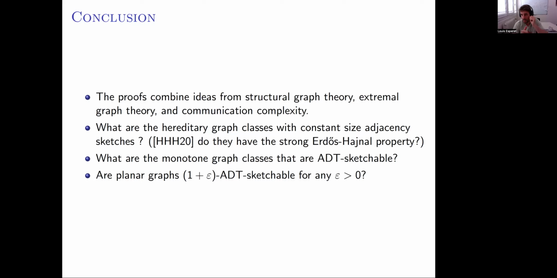This would mean that for any epsilon, you can make the distinction between 2 vertices at distance at most r and 2 vertices at distance more than 1 plus epsilon times r, with sketches whose size would only depend on epsilon, not r. That's possible, but the current tools that we have, we can't prove this at the moment.